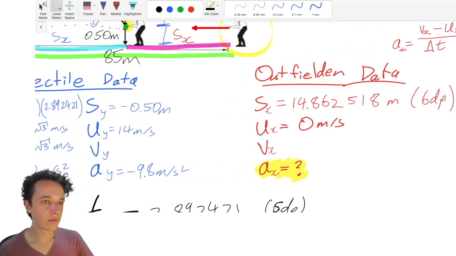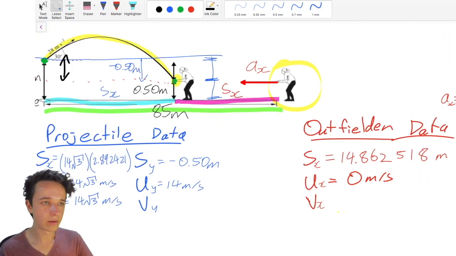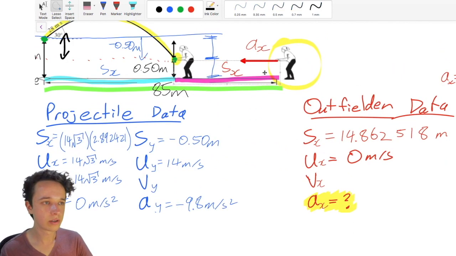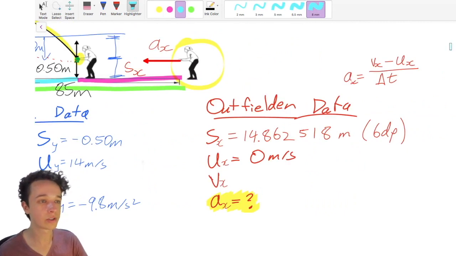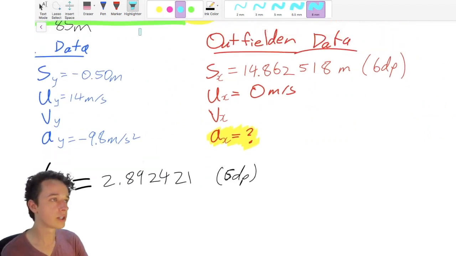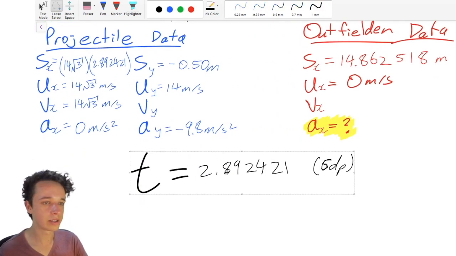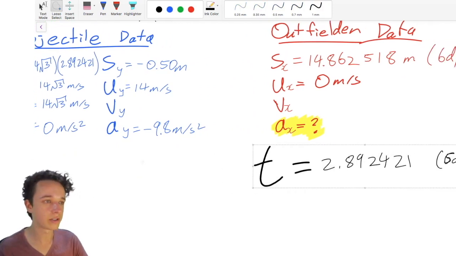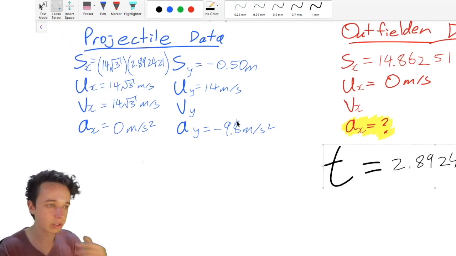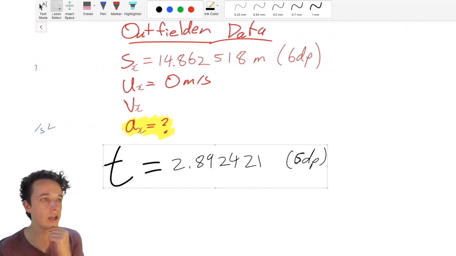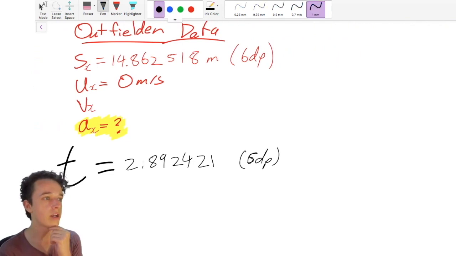Okay, so we have the distance that was used here for the outfielder to run from her initial position to her final position. We also have a value for the time that it took for her to run that distance, right? It's the same as the time that it took for the projectile to move from its initial position to its final position. And so we can, again, use kinematic equations to solve for ax, I think.